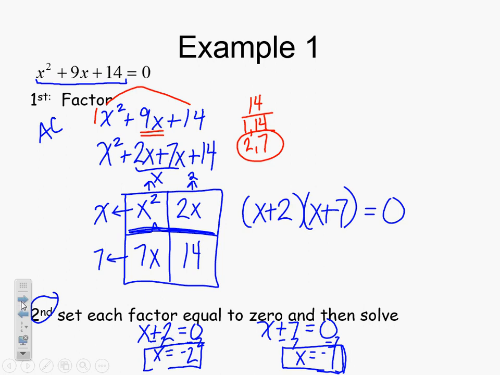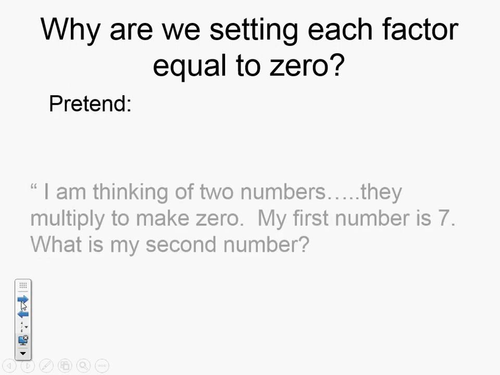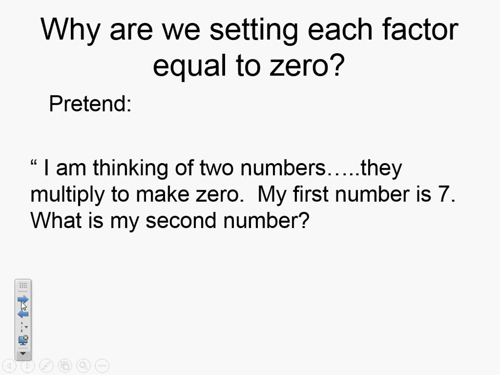So thinking about that, why did we set these 2 things equal to 0? You don't need to write this part down yet, but pay attention to this whole idea. Why are we setting each factor equal to 0? Well, let's pretend Kincaid says, I'm thinking of two numbers, they multiply to make 0. My first number is 7. What's my second number?